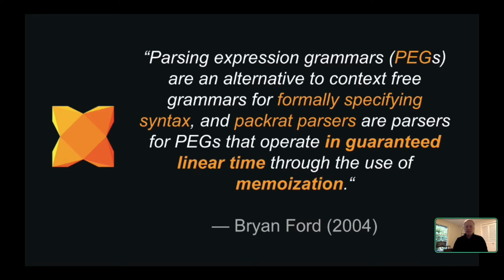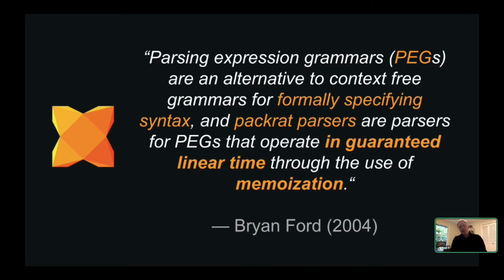So PEGs are somewhat newer, and they have a lot of great features. And so I'm highlighting some of the concepts here. It's a context-free grammar for formally specifying syntax, and then there's a special layer on top of PEGs called packrat parsing that operates in guaranteed linear time through the use of memoization.